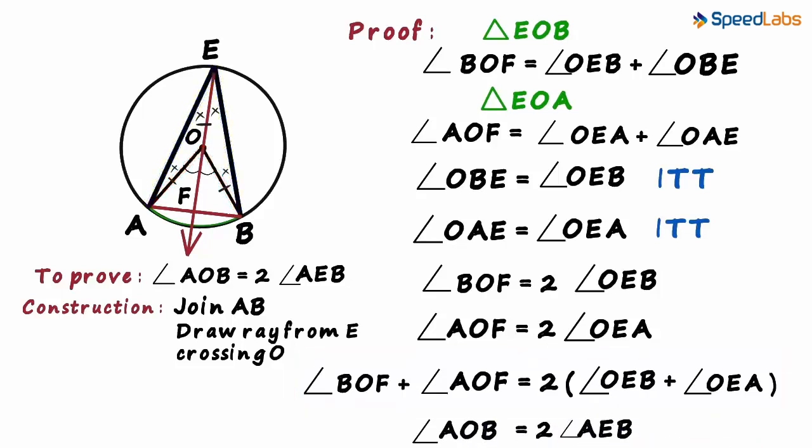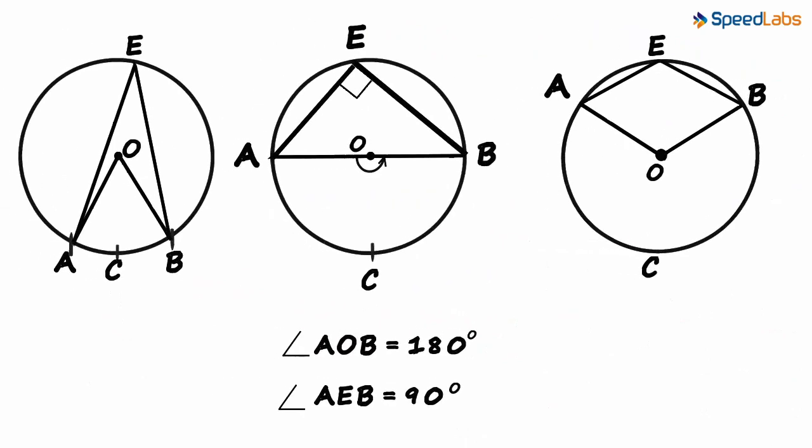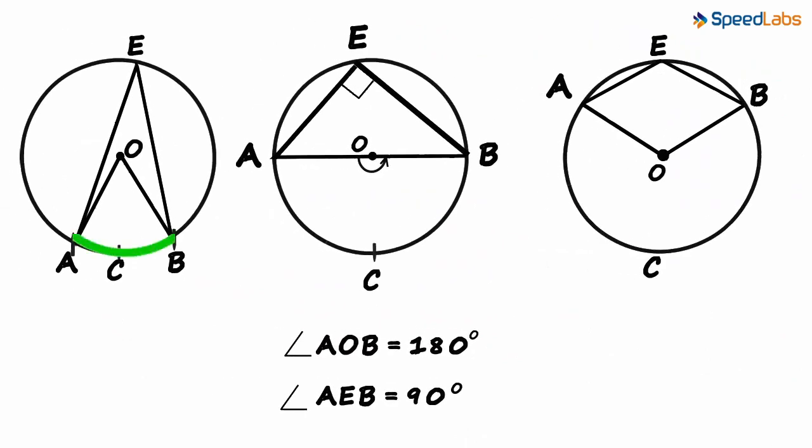Remember, the angle subtended by an arc at the center is twice the angle subtended by the same arc at any point on the remaining part of the circle. We proved this result for the first case, where arc ACB was minor. This result is the same for the third case as well, but just a small change in the final line of your proof.